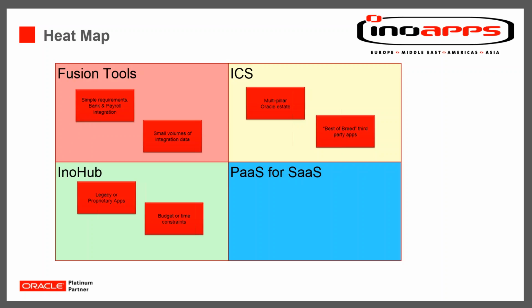So in those scenarios, we found that our Inoapps solution is excellent, and because of the simplicity of the solution, if budget is a real constraint, it's possible to use some of these tools as a simple and low-cost solution for it. And finally, the PaaS for SaaS for organisations that have that level of complexity, the multi-dimensional integration.